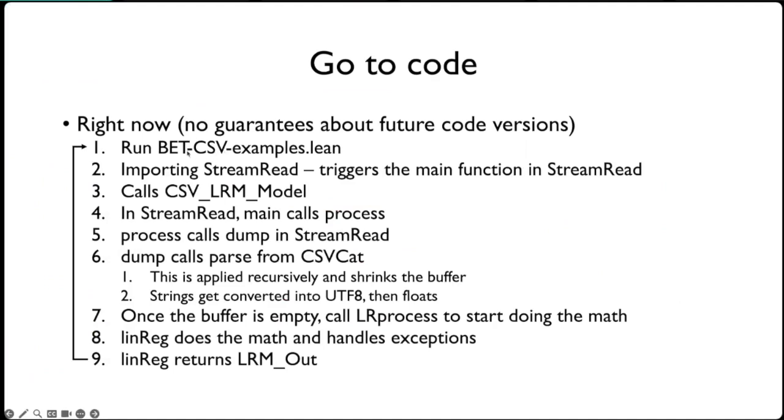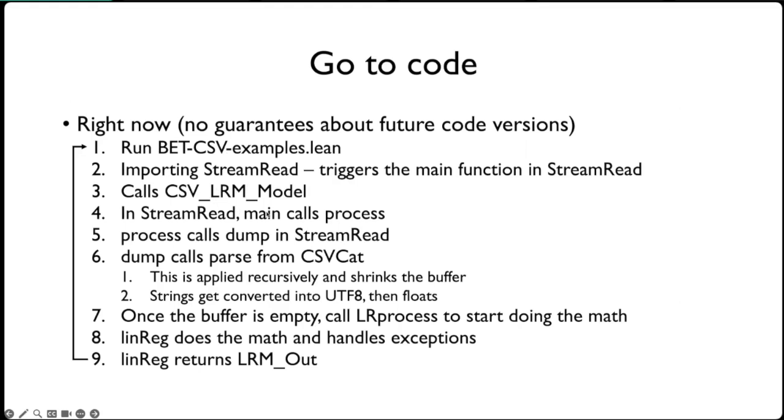And you run this high-level BET CSV examples file. This is then going to import stream read and start a cascade of functions. And stream read calls CSV LRM model. BET CSV calls this and invokes stream read, which calls main.